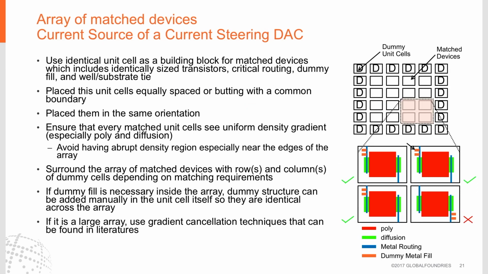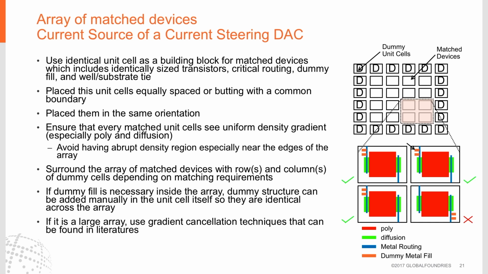When you're trying to array matched devices, a current source or a current steering DAC is shown in this example. You should use identical unit cells as a building block for matched devices, which includes identically sized transistors, critical routing, dummy fill, and well and substrate ties.